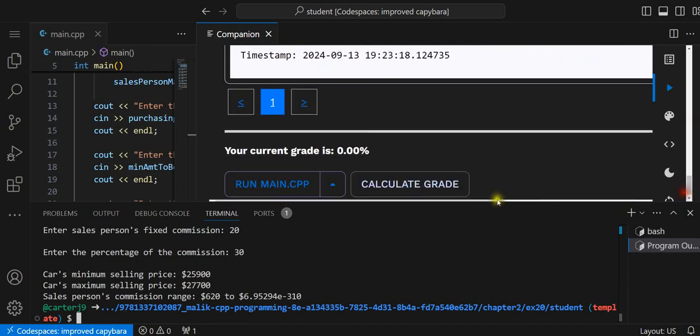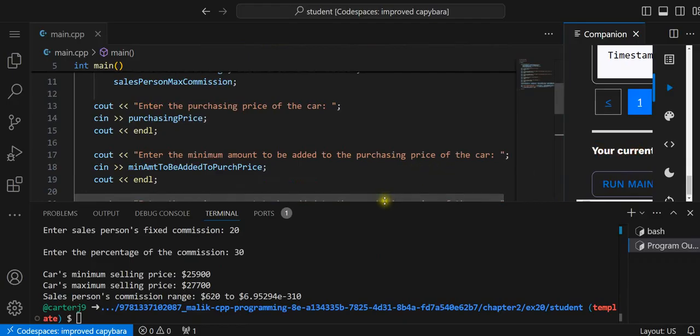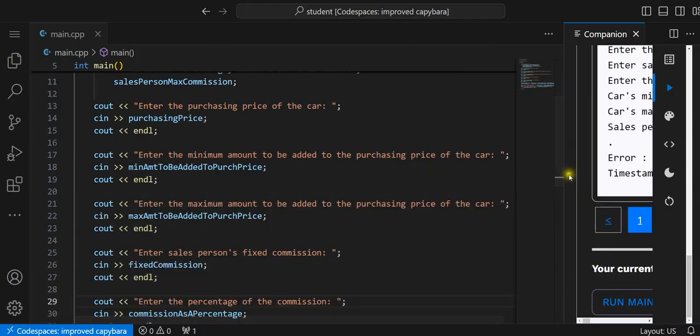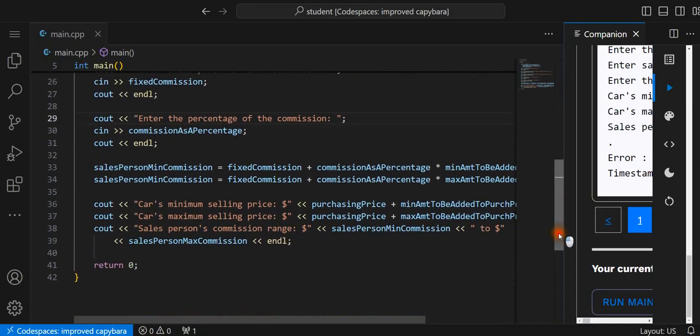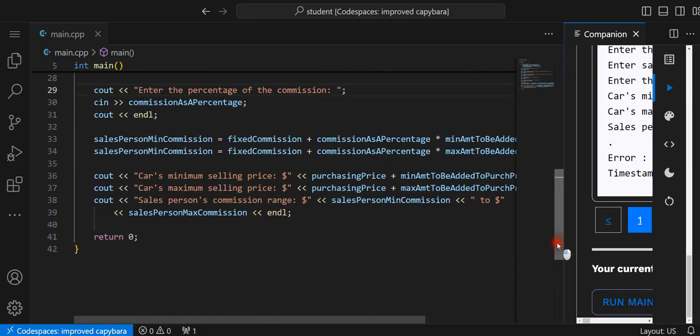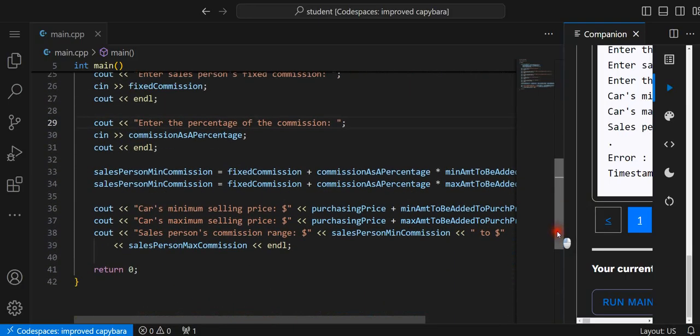Let me look and see if I got all this calculating. Only math that we done, I didn't do any. So I did a sign wrong. Plus when I was supposed to have commission times.